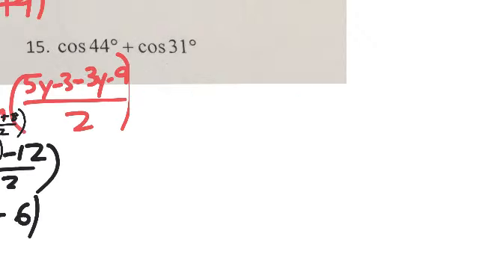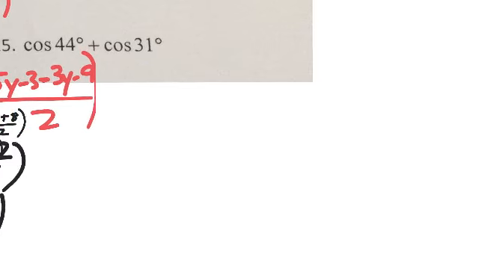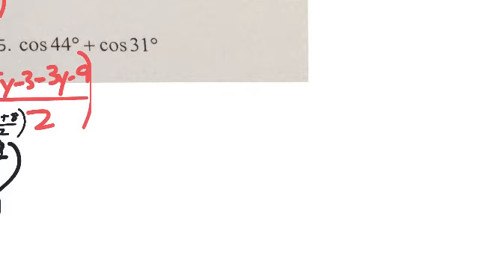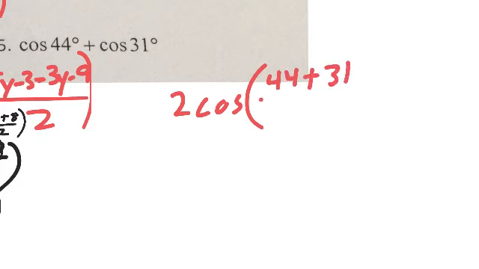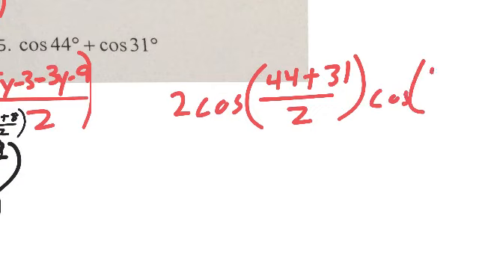Okay, look at 15. I've got cosine of 44 plus cosine of 31. Because I've got two cosines being added, that is the third sum to product identity. So this can be rewritten as 2 times cosine of x, which is 44, plus y, which is 31, over 2, times cosine of x, which is 44, minus y, which is 31, over 2.